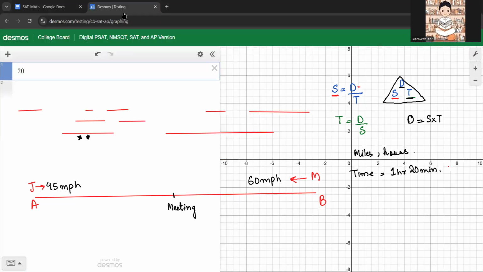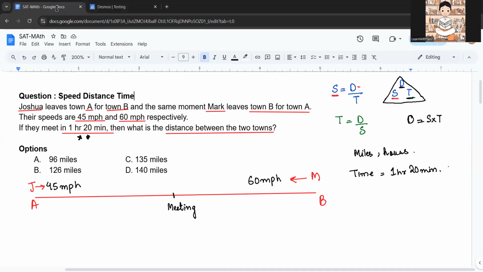So 20 over 60 gives me 0.33. That means 20 minutes is equal to 0.33 hours. You can work with mixed fractions as well, but I do not recommend it because it just makes the calculations complicated. So you have 1.33 hours.